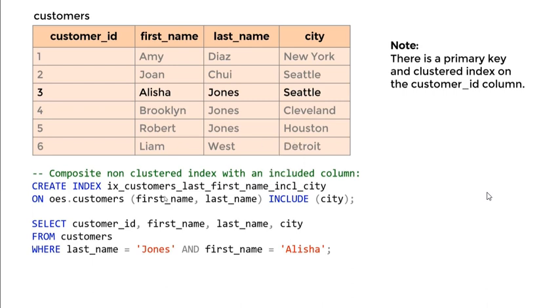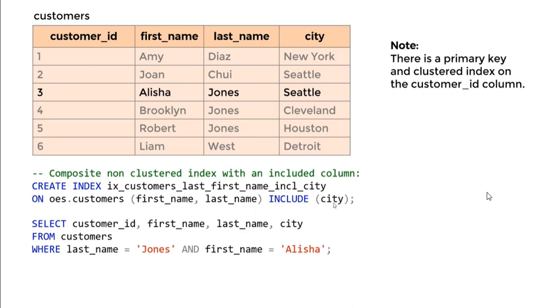So now we are creating a composite non-clustered index on the first name, last name columns like before. However, this time we also have the keyword include. After that, within parentheses, we specify the column that we want to include.